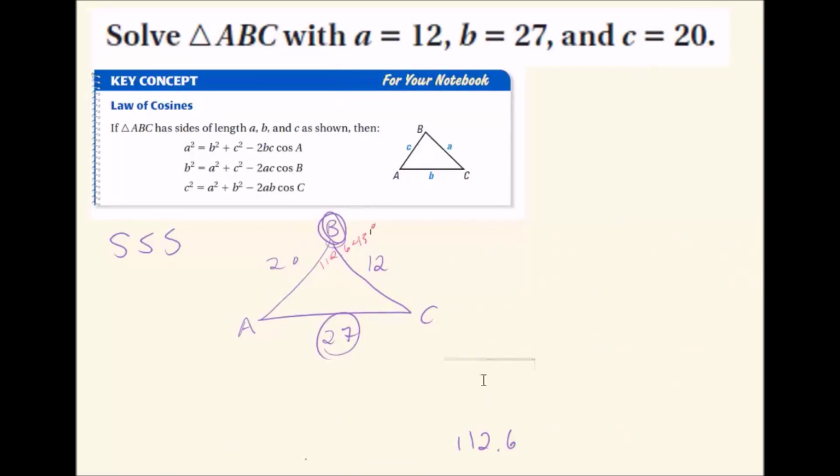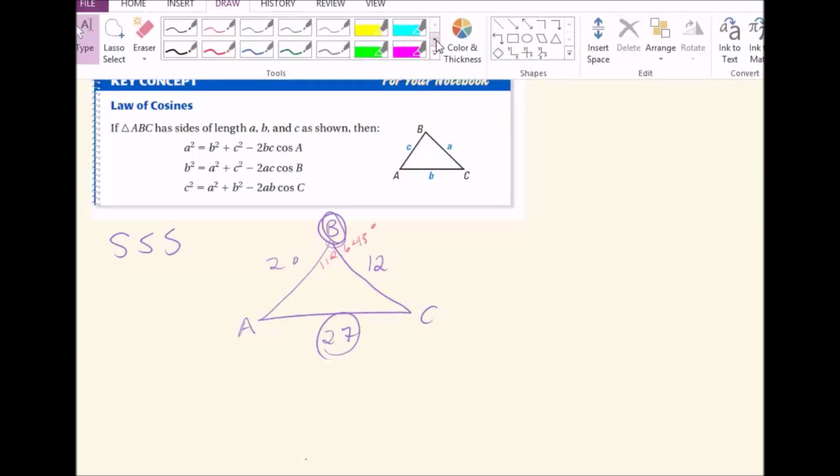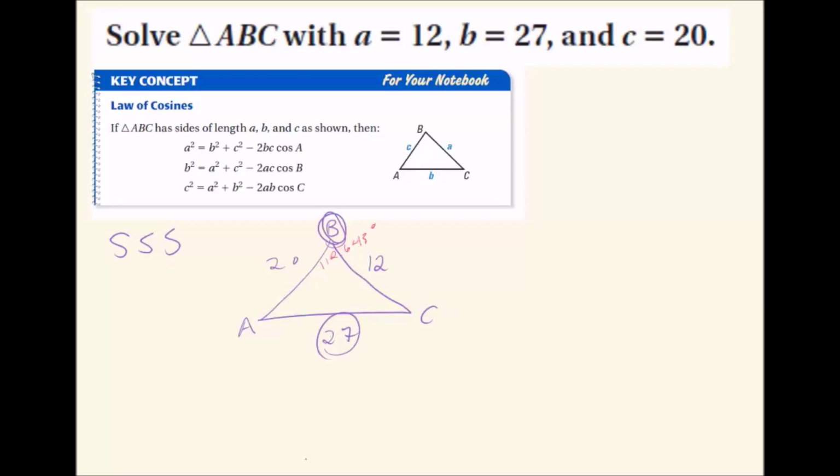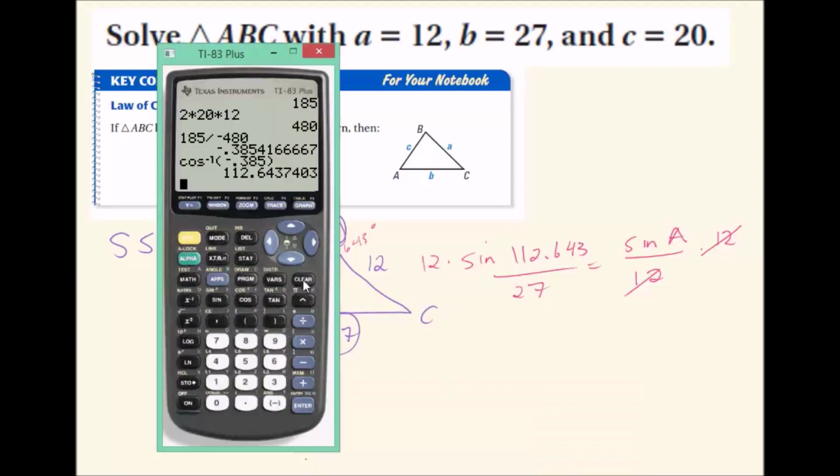And at this point, we can just use the law of sines to find the other ones. So sine 112.643 over 27 is equal to sine A over 12. So multiply each side by 12: 12 times sine 112.643 over 27.